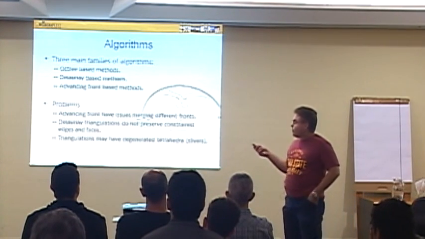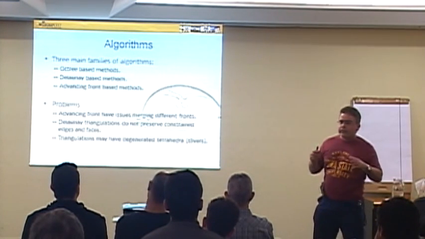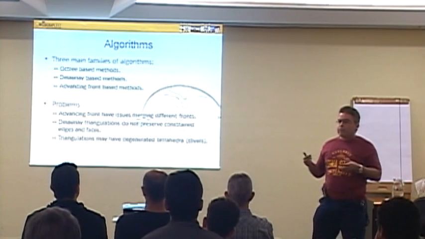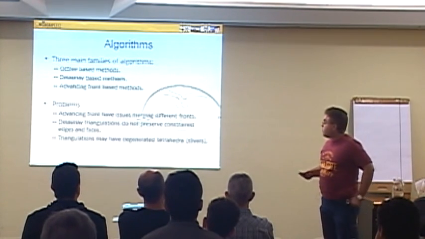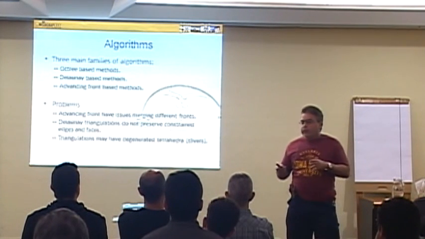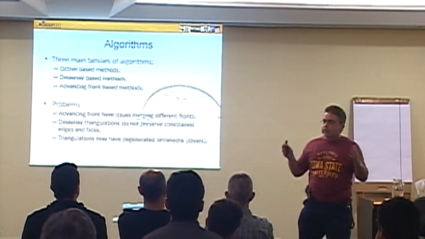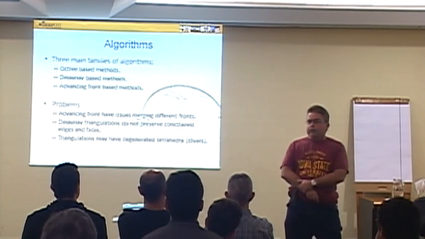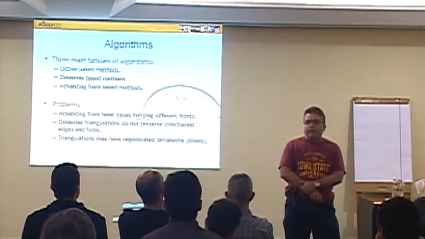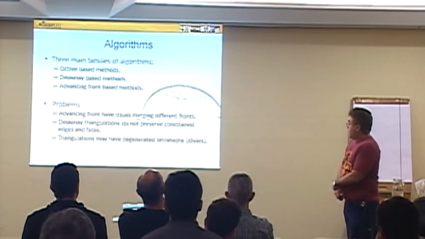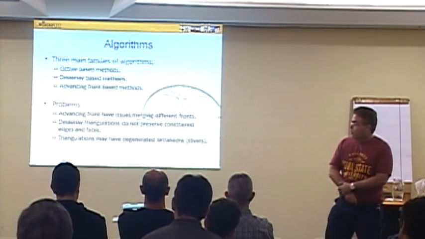For instance, advancing front generates very nice tetrahedra near the boundary, but has problems when merging the different fronts coming from different directions. Delaunay, on the other hand, tends to generate good tetrahedra inside the model, but near the boundaries the tetrahedra can be badly shaped. And in our implementation, we decided to use a Delaunay-based approach.